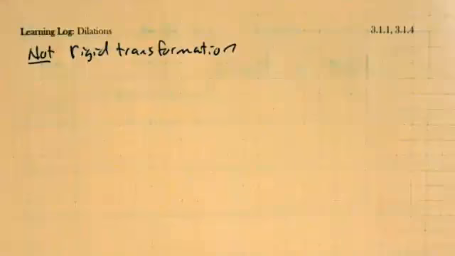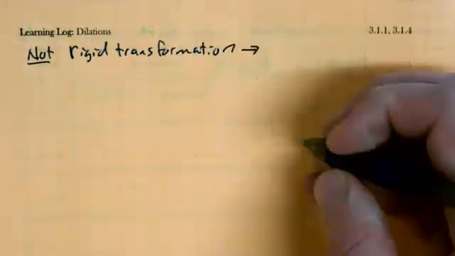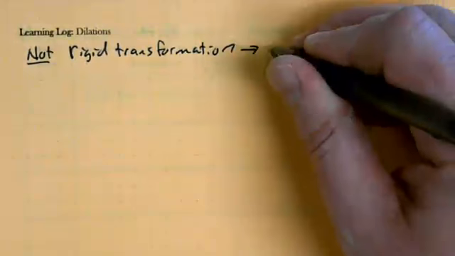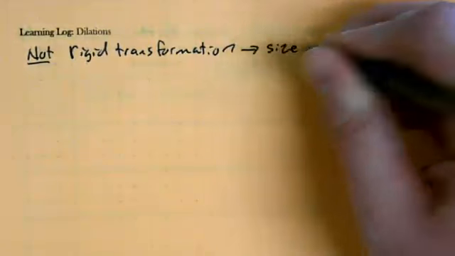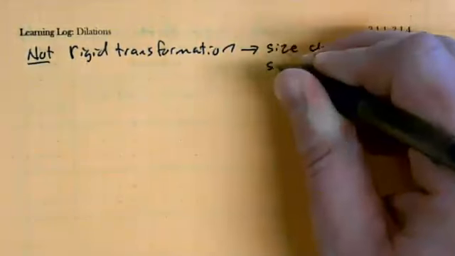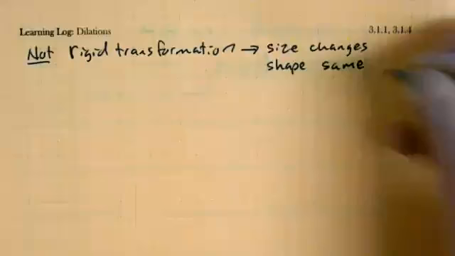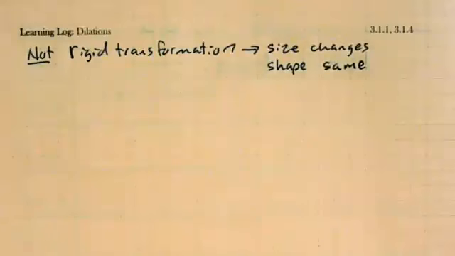Rigid transformation requires the size and shape to remain the same. Zoe pointed out that the size changes, but the shape is the same. That's one of the facts.